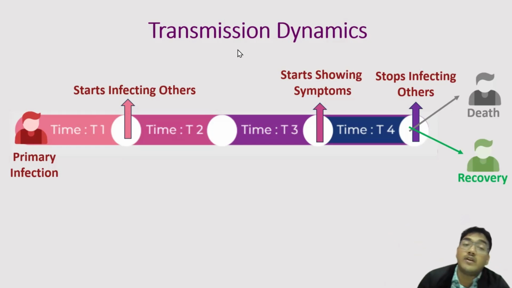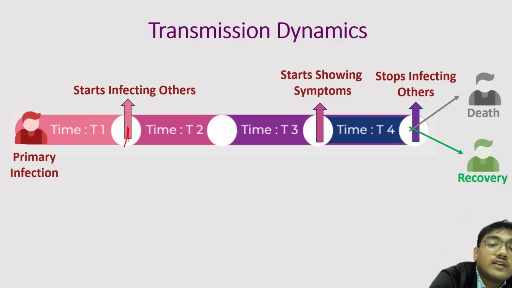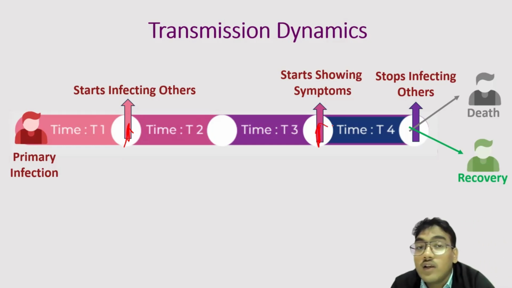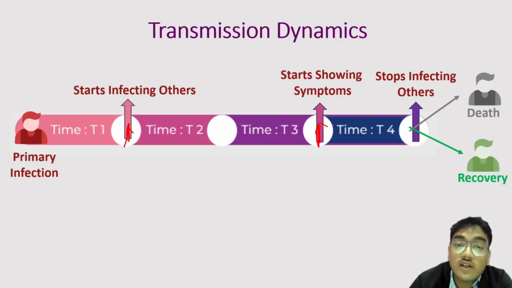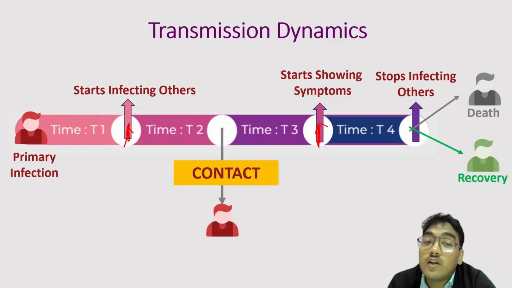Somewhere between this person starting to infect others and starting to show symptoms, there will be many other people who will interact with this person. And since they are not showing symptoms, the infection will be transmitted to a susceptible host known as a contact.